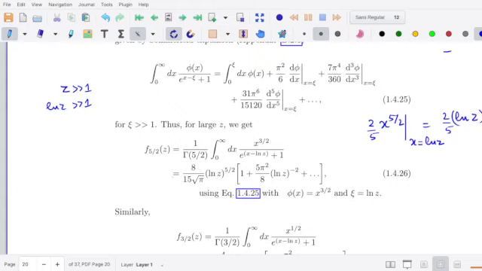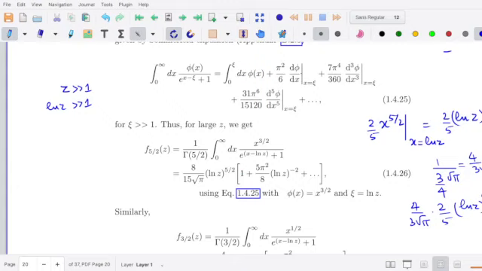Now this factor 1 by gamma 5 by 2 is going to be 3 by 4 square root of pi, so this is going to be 4 by 3 root pi. So the very first term here is going to be 1 by gamma 5 by 2, which is 4 by 3 root pi, times the first term from this integral, 2 by 5 logarithm of z to the power 5 by 2. So this is 8 by 15 square root of pi logarithm of z to the power 5 by 2.